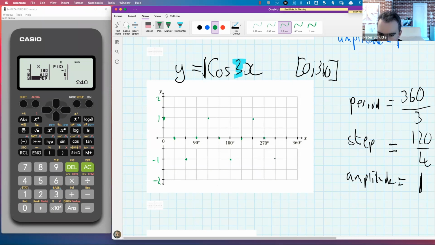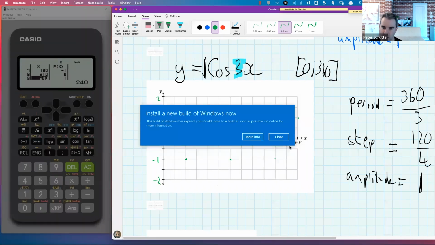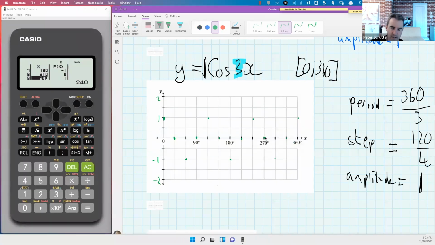Once you see that pattern, it actually gets a bit easier. And so sometimes when you're drawing this graph, even just using the calculator so that you get to see the pattern, because once you've done one period, because these are periodic graphs, they repeat. Really, all you're doing is repeating what happened.